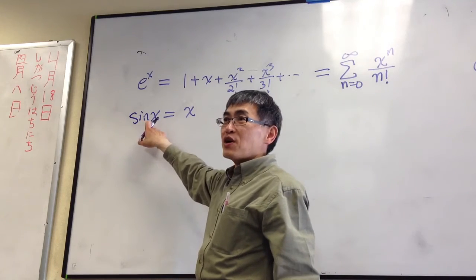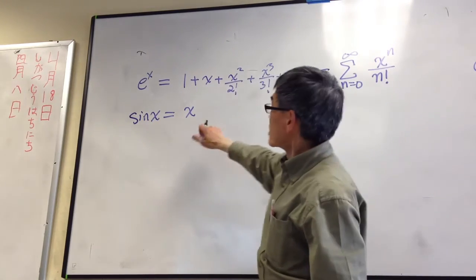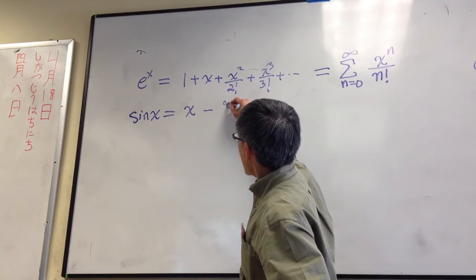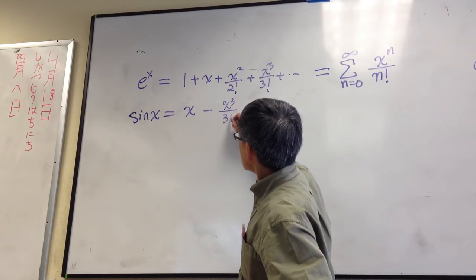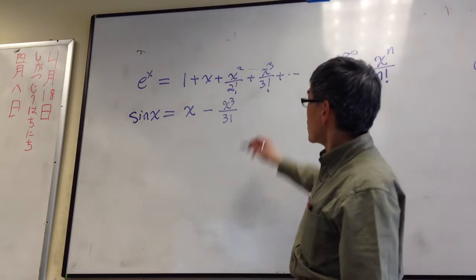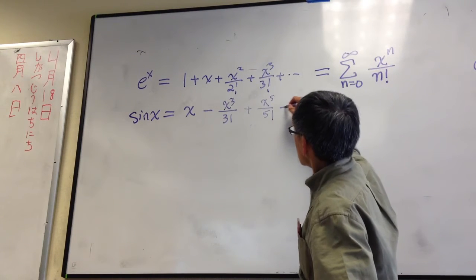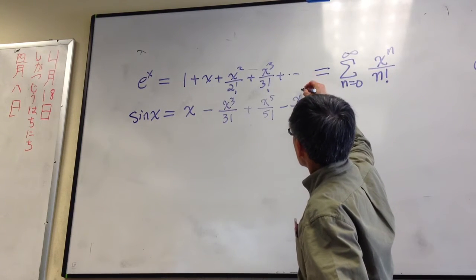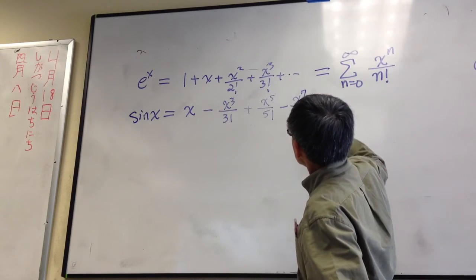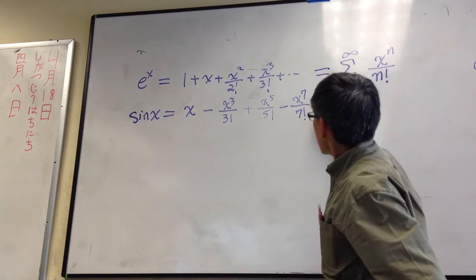Remember that? So it's not a surprise that you see that you only have odd power terms. Third power, fifth power, seventh power, okay, and so on.